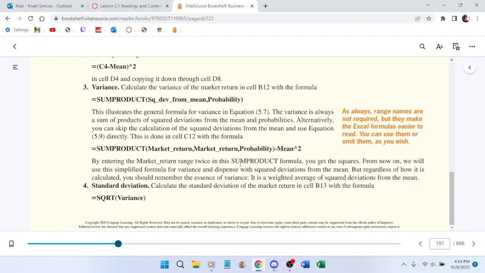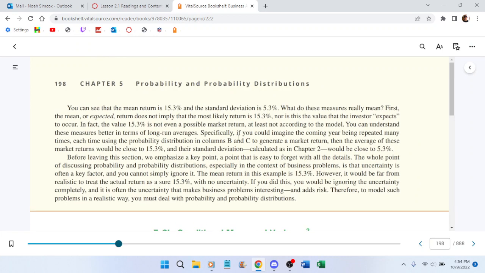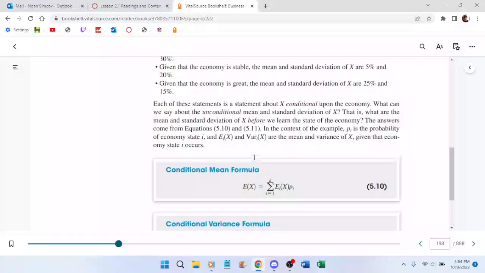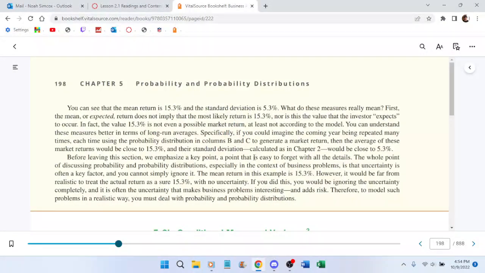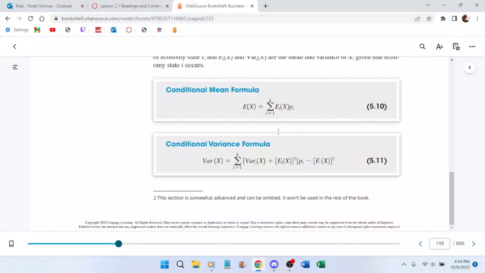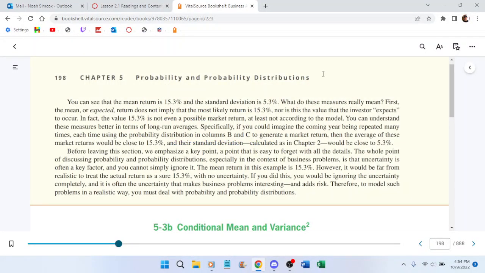Hilariously, we still have a few more pages to get to. Although it's just 2 more pages, actually, right? Weirdly enough, there must only be 5. Mean return is 15.3%. Standard deviation is 5.3%.